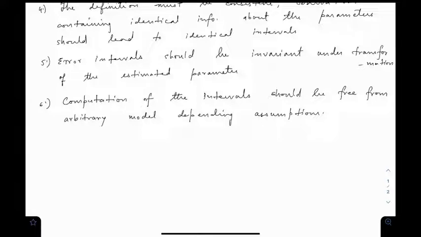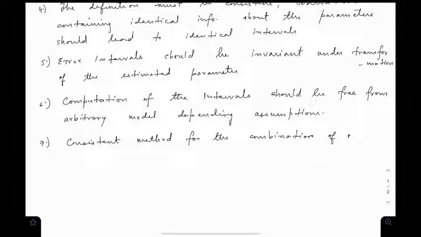And a consistent method for the combination of measurements and for error propagation must exist.